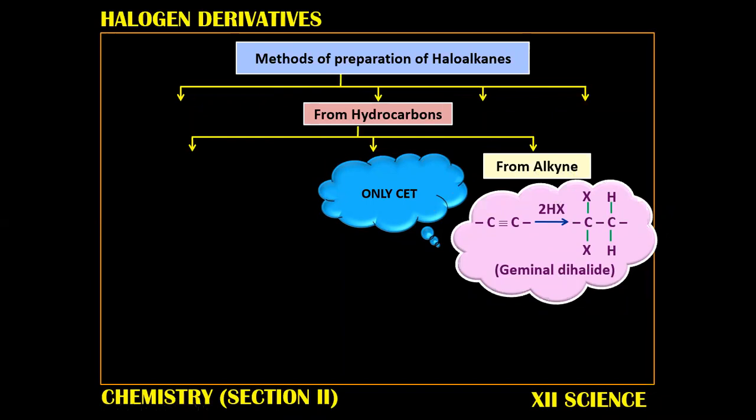This is again only for CET. So why geminal dihalide? Geminal means both the halogens on the same carbon. Why? I'll show you examples, so you'll come to know. Everybody copied general? Now I'll go to the next slide for example.